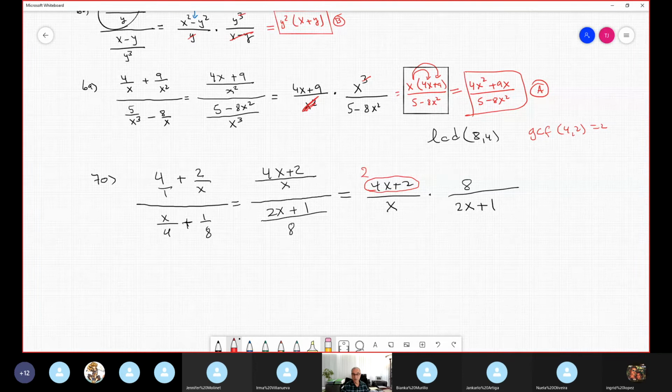And you factor out this 2. The greatest common factor is used for factorization, not the least common denominator, which we use to condense into only one fraction. So 2 times (2x plus 1). And 2x plus 1 cancels out with this. The answer is 2 times 8 is 16 over x. Wow, epic. I got it.